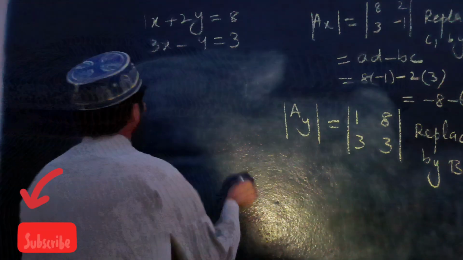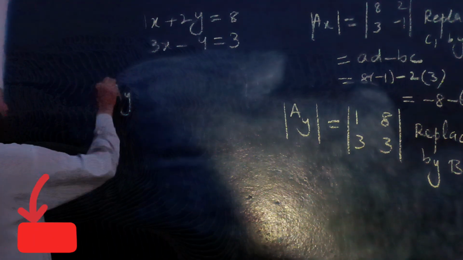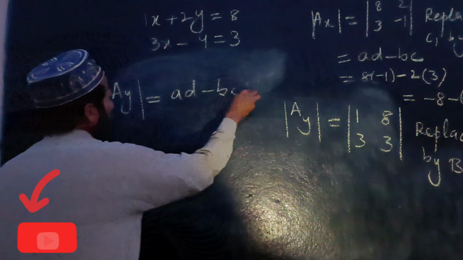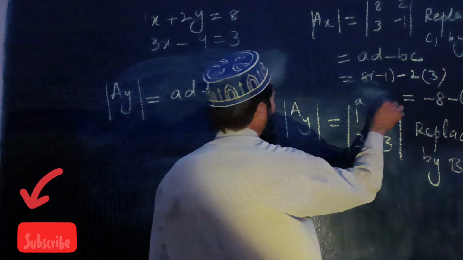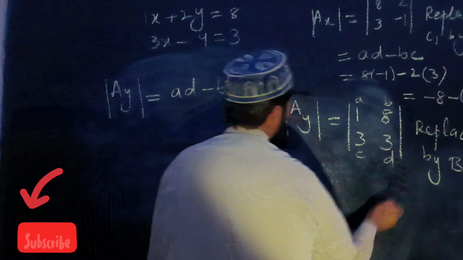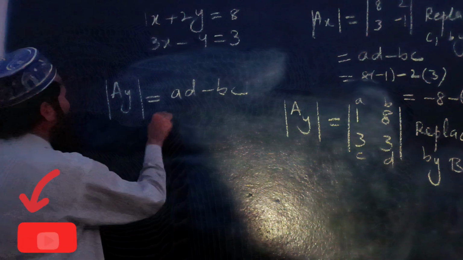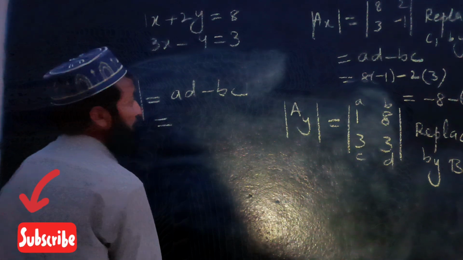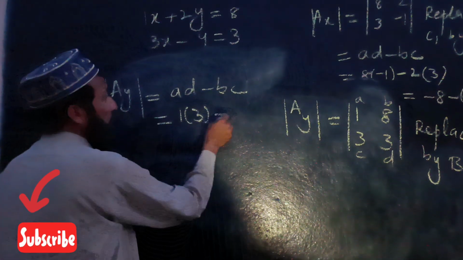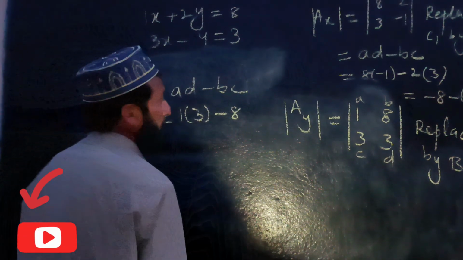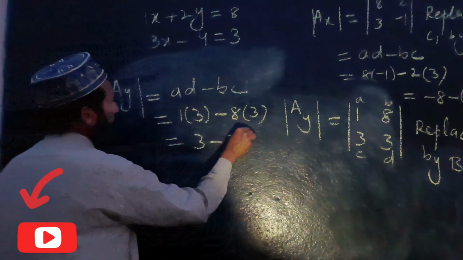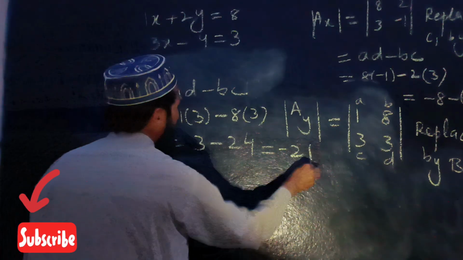Again the determinant is AD minus BC, the same formula, where A is equal to 1, B is equal to 8, C is equal to 3 and D is equal to 3. Now we substitute the values in the given formula: 1 into 3 minus 8 into 3. So we get 3 minus 24, which is equal to minus 21.